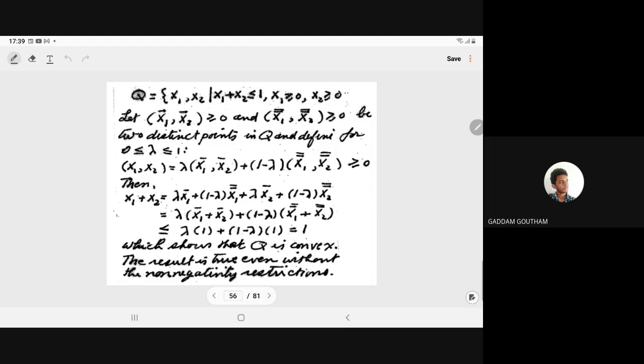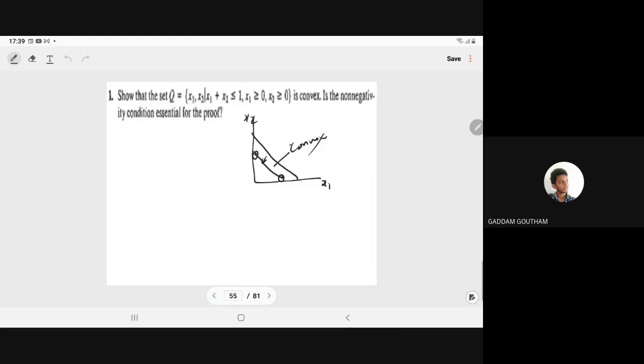So we assume that there are 2 points. Let's say they are (x1 bar, x2 bar) and (x1 double bar, x2 double bar). These are the coordinates of arbitrary points in the convex set.